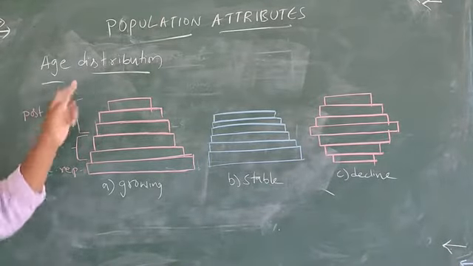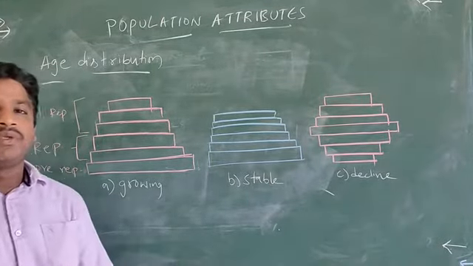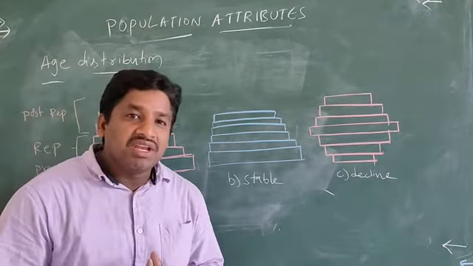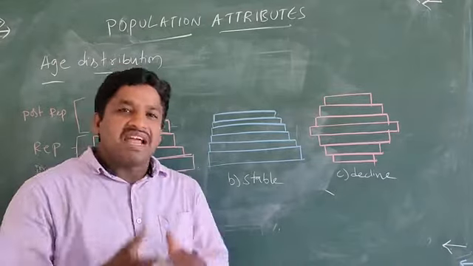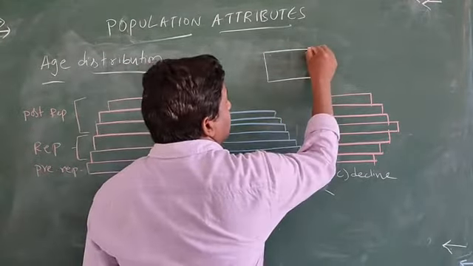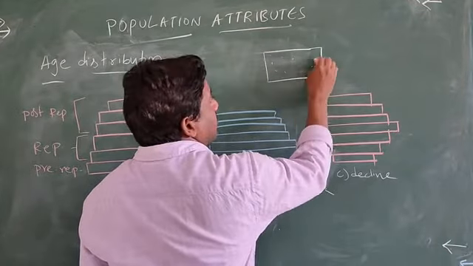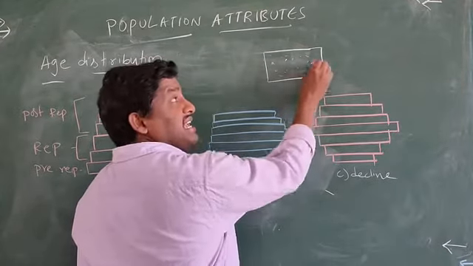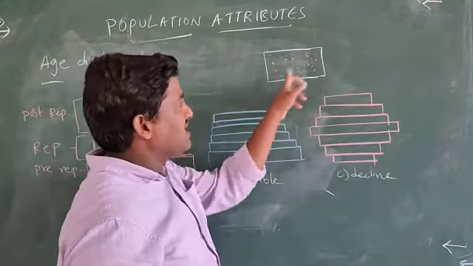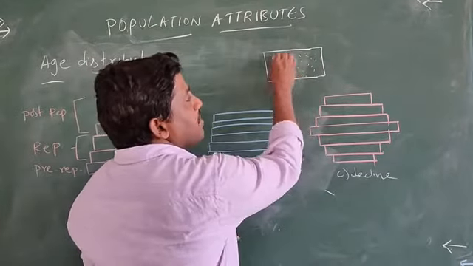See this age distribution. Age distribution: a population at any given time is composed of a number of individuals.